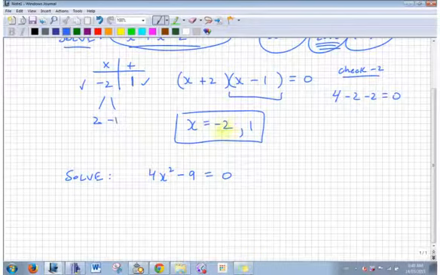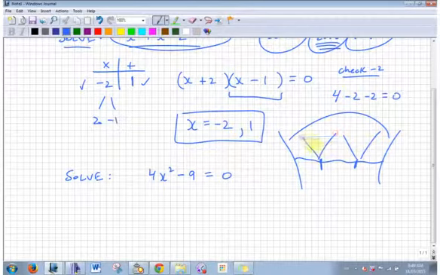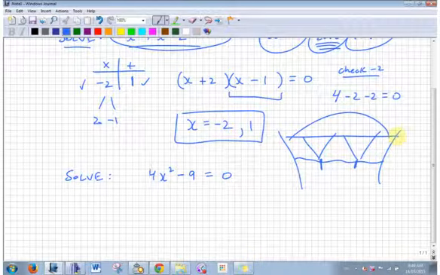You know what that means, zeros, roots in the real world? We build a bridge. And where do I want the supports for that bridge? That's an x-intercept. That's a root. That's a 0.